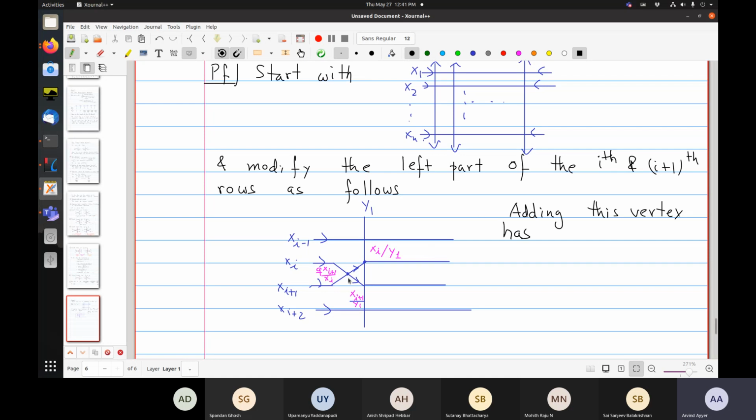The only thing extra is that the weight of this vertex has the sole effect of multiplying the weight of every configuration, weight of C, by q squared xi plus 1 by xi. Okay, is that clear?